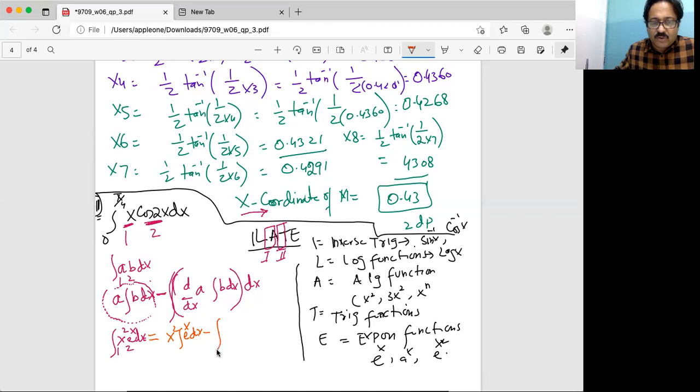Minus, as I told you, the derivative of this, so I take the whole integral, but I take the derivative of x square first, and bring the other as it is, e^x dx.